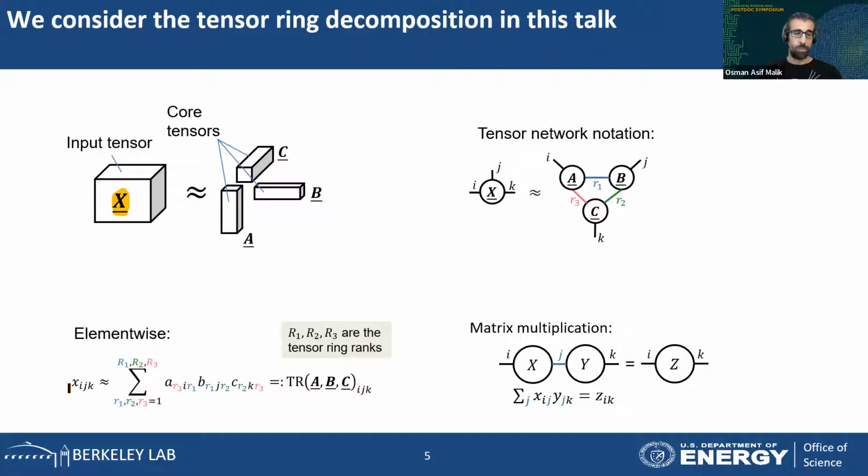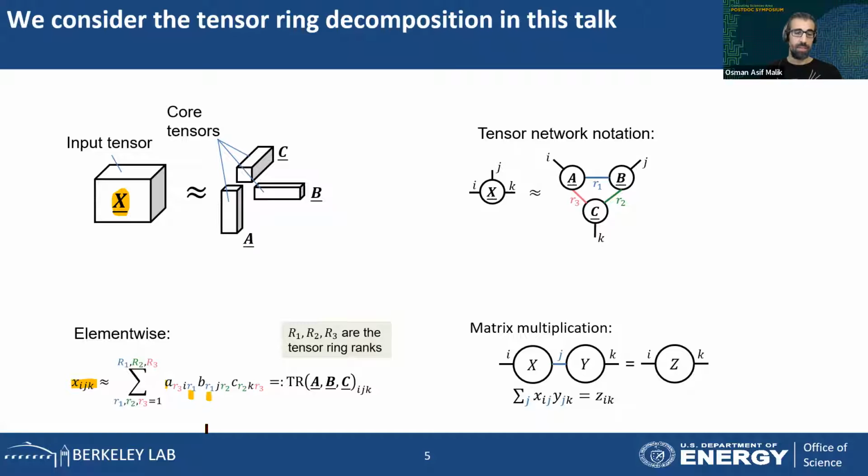And this is made a little bit more precise down here in this mathematical formula. So an element at position i, j, k in X is approximated by this sum here. So A, B, and C are entries in the core tensors A, B, and C. And you can see here that they all have 3 indices. And I've color-coded here to show which indices go together.